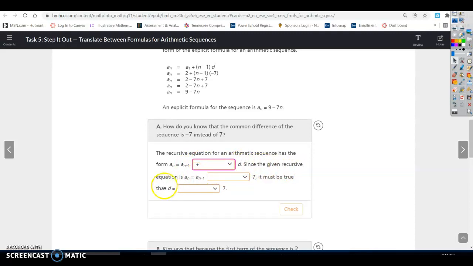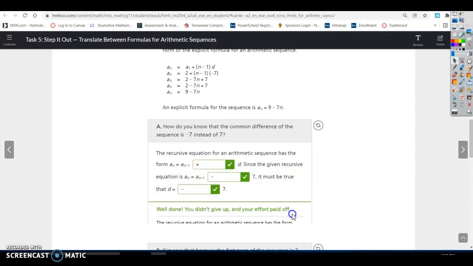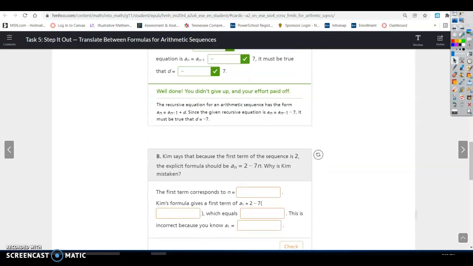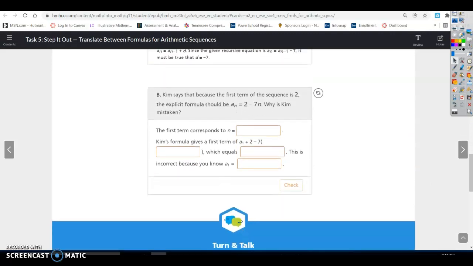Since the given recursive equation is a sub n equals a sub n minus 1 minus 7, it must be true that d is negative 7. That's just basically telling you to be careful with your signs.